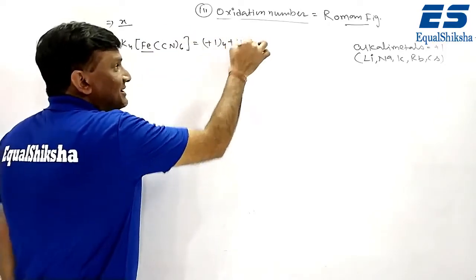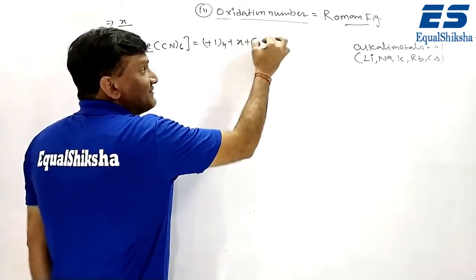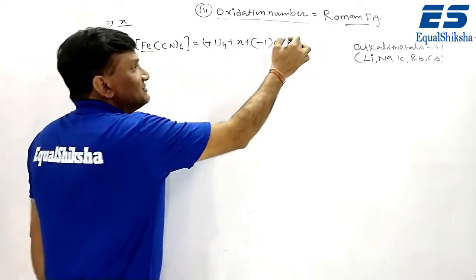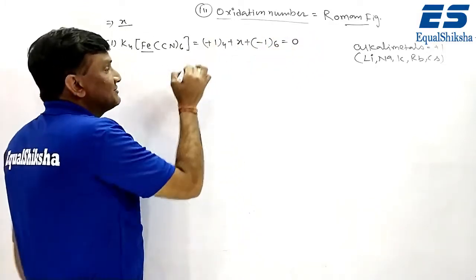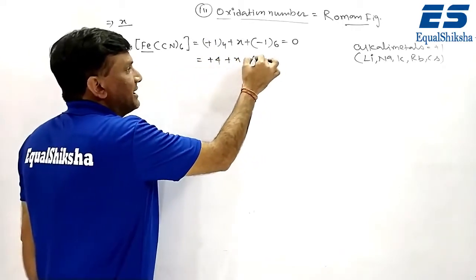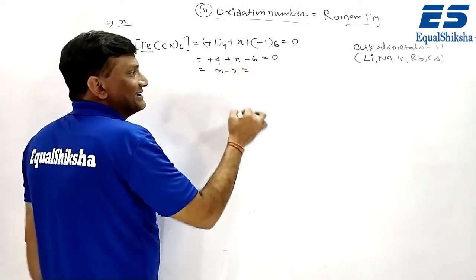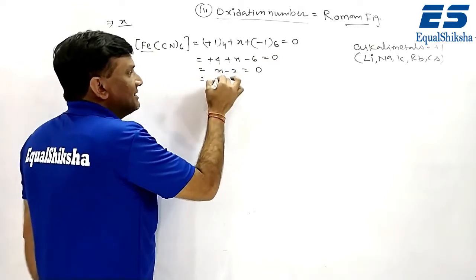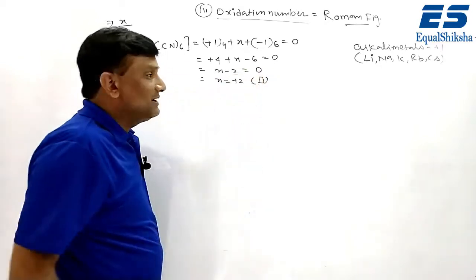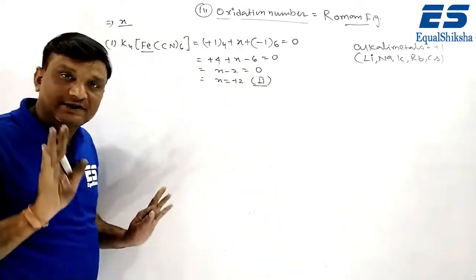Fe is the central metal atom, so it is X. CN carries -1, total number is 6, and there is no charge overall, so 0. So +4 plus X minus 6 equals 0, so X minus 2 equals 0. In that case it is +2, and in Roman numerals it is denoted by II. Is that clear?